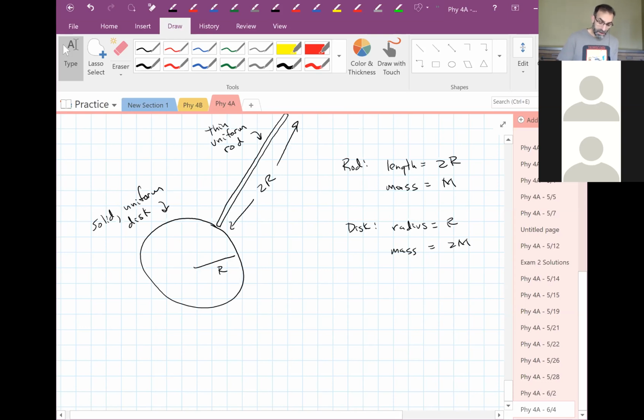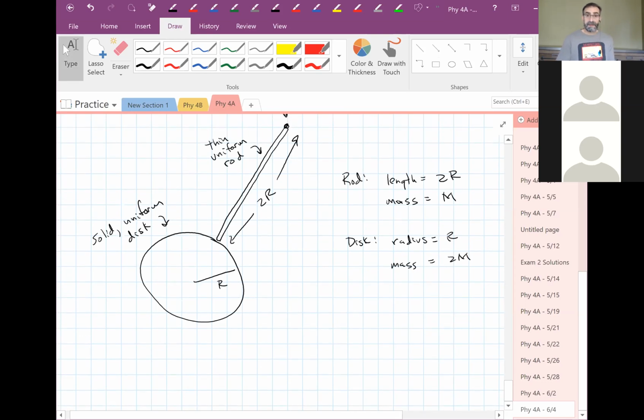So what's the thought process here? Split this up into two objects, right? We've got a disc and we've got a rod. So the I for our pendulum is I for the rod plus I for the disc. Let's do the rod first.